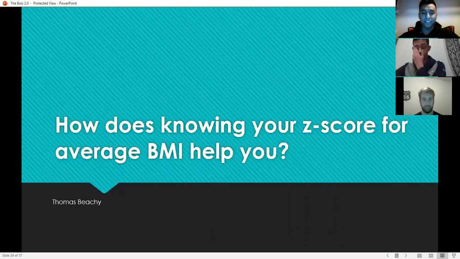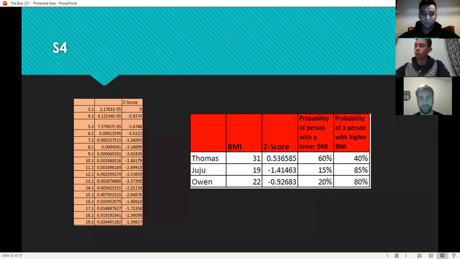How does knowing your Z-score for average BMI help you, Thomas? So calculating your BMI can be a useful tool, but it is not very useful unless we can compare it to other people within our society and also just throughout the world.